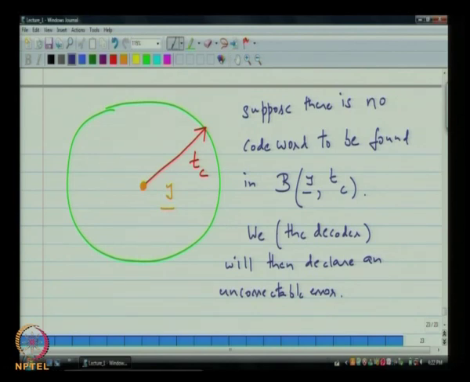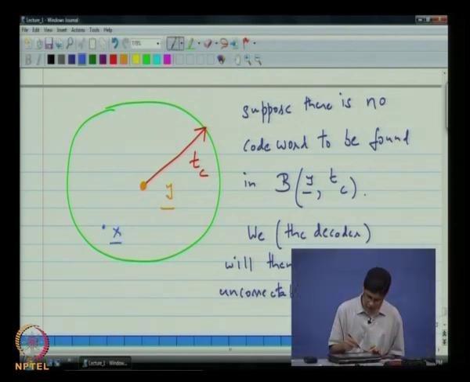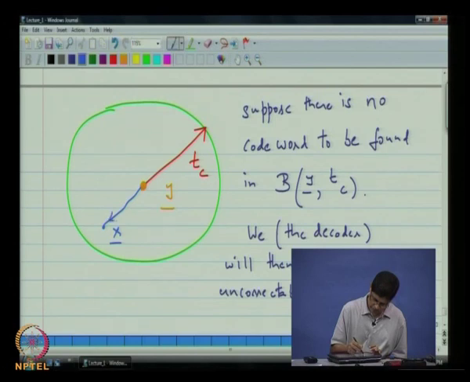But what does that mean? That means that the only way in which we could have gone wrong is if there was a code word which was correctable. There was a code word and there was a number of errors which was correctable, which would imply that there was a code word whose Hamming distance was less than or equal to t sub c.